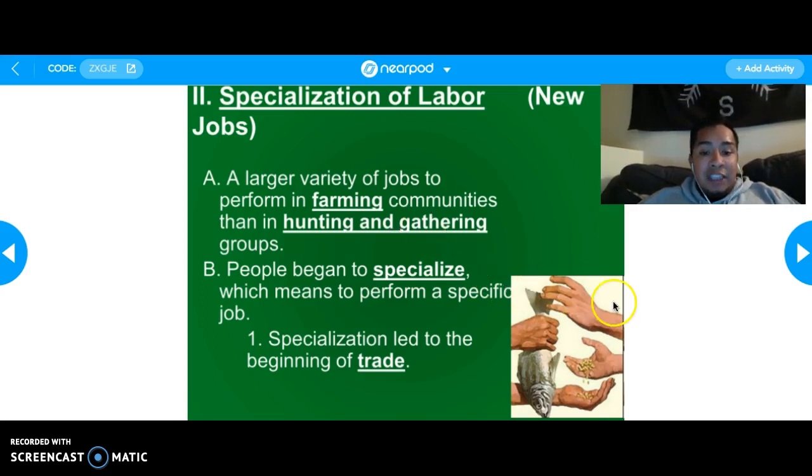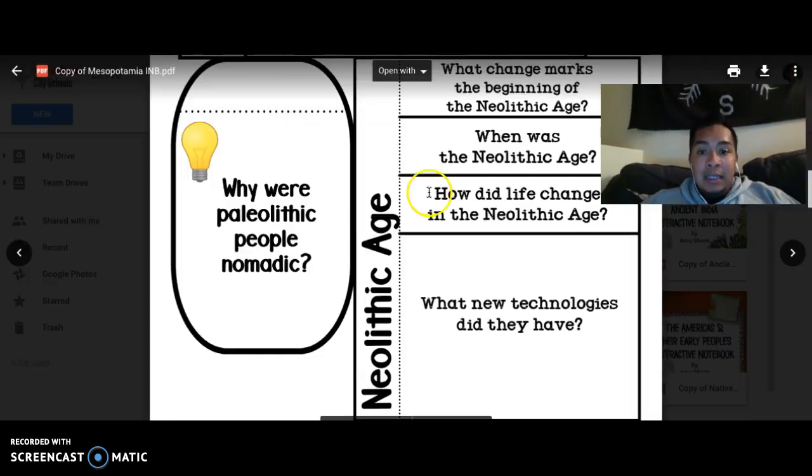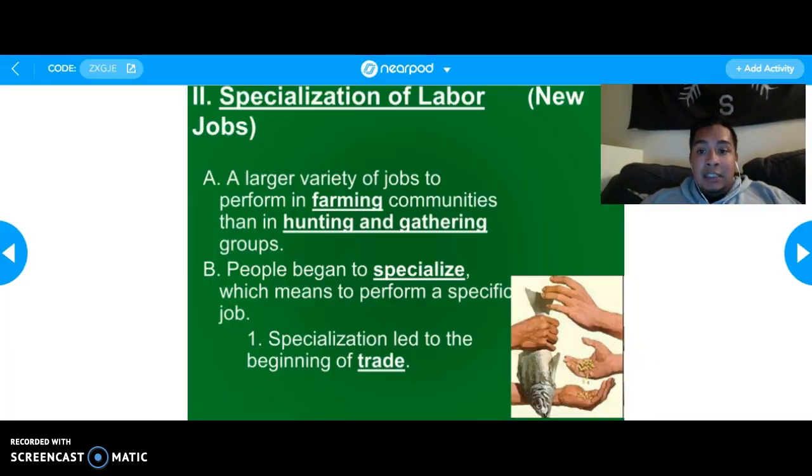So they started being housewives, they started being teachers, they started being all these different kinds of jobs. Just like today, not everyone is a teacher. We have cops, we have judges, we have doctors. Because they weren't dependent on always finding food, people now had more time to do other things. So that's one way life changed in the Neolithic age: people started to specialize in jobs.